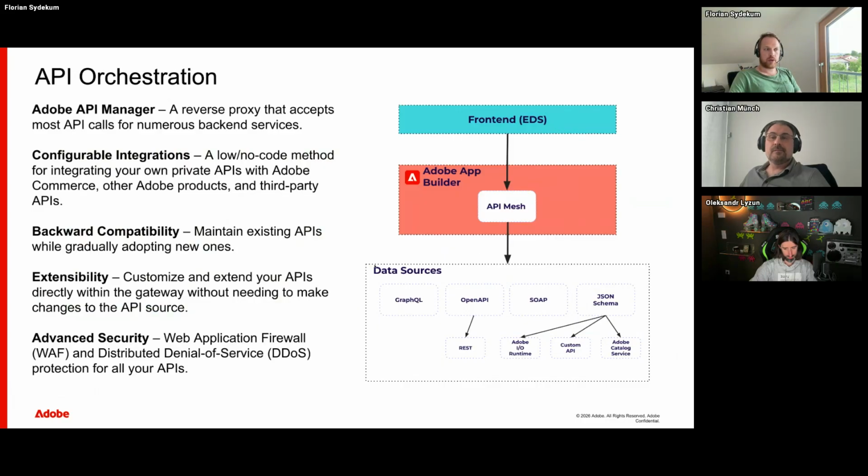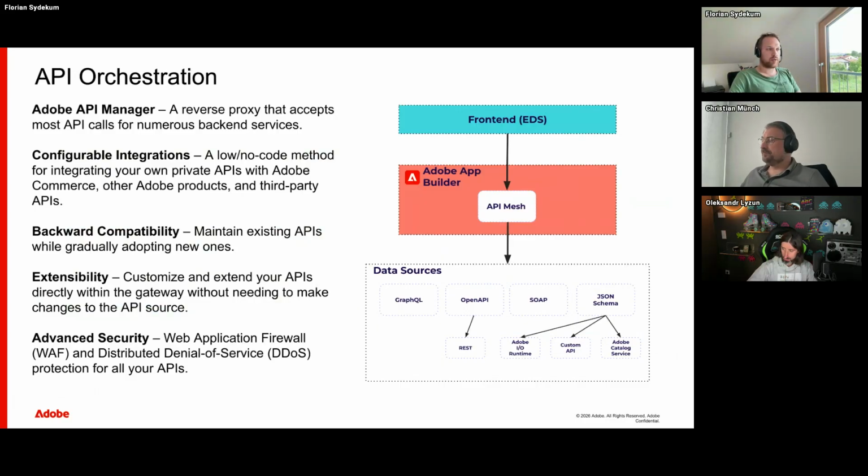So if you think of different data sources in the backend, which are orchestrated, the front end actually doesn't care if the product data comes from a PIM, from an ERP, from a catalog service, or wherever. It just has one endpoint, which you see here, which is the API Mesh.